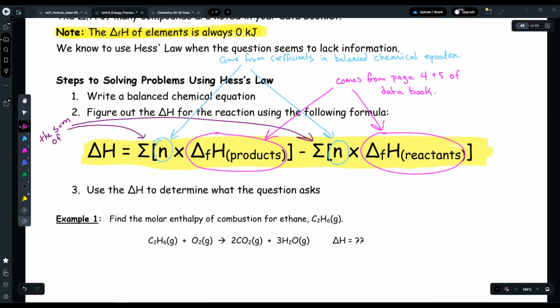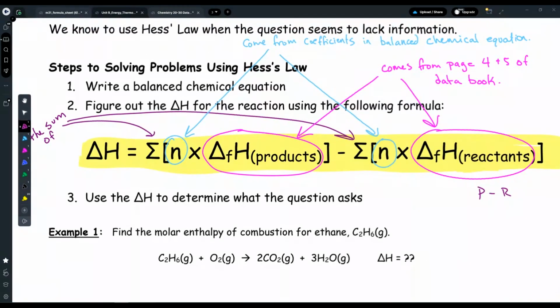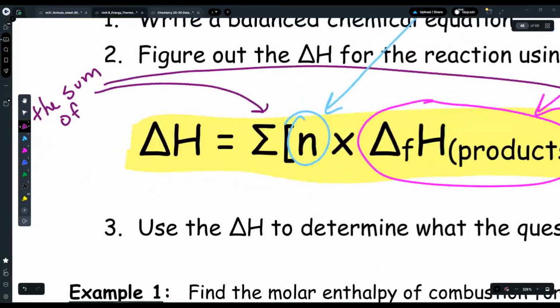Sometimes, just to remind myself, I like to write products minus reactants, to help me remember that all of the information with the products comes first, and all of the information relating to the reactants comes second.